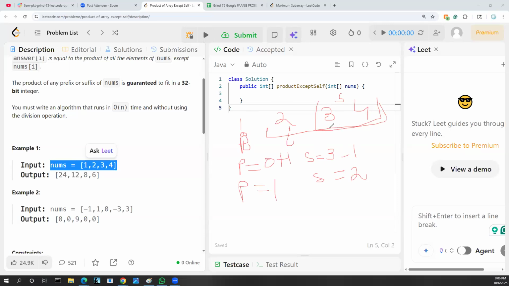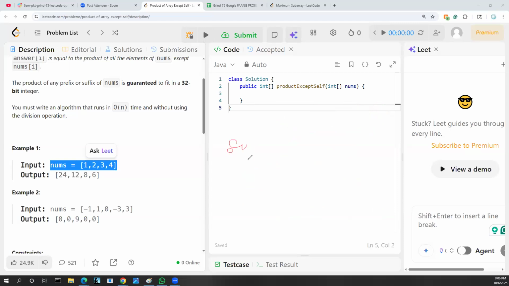So if I keep continuing this way all the way until the end, can I say as my prefix increases, my suffix decreases. They're inversely proportional to each other. Can I say that? Yes. Because this is inversely proportional to each other, these two quantities. This is the behavior we observed.